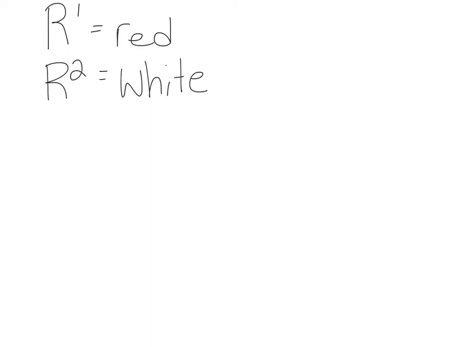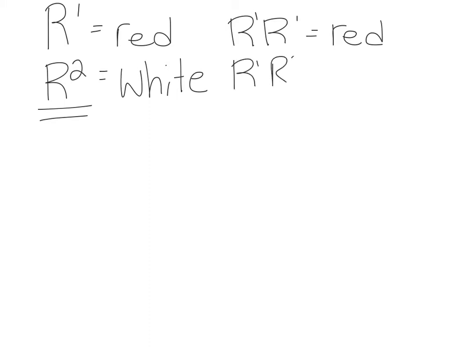So how do these two alleles end up making our three possible phenotypes? If you have R1 R1, you are going to have red flowers. If you have R1 R2, that is your heterozygous, one of each, and that is going to be your pink.